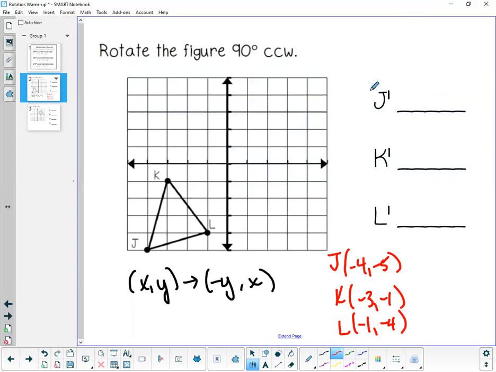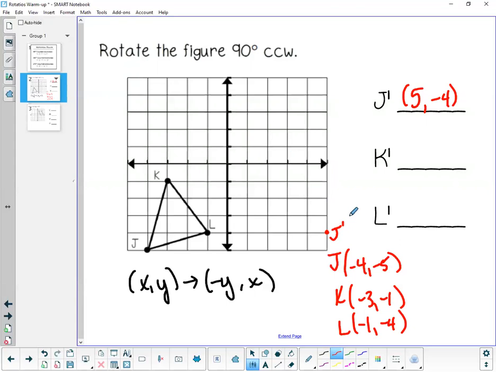All right, so let's find J prime. We know it's going to be the opposite of y and then x. So the opposite of my y is going to become a positive 5. And now we just list our x term, which is negative 4. So it would be (5, negative 4). That would be J prime.